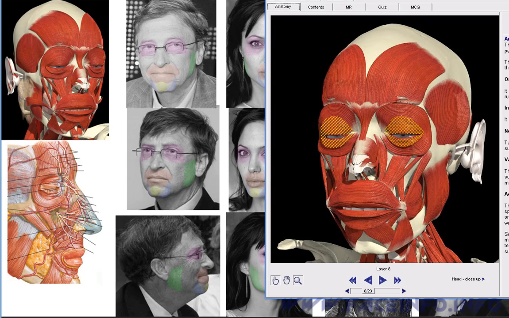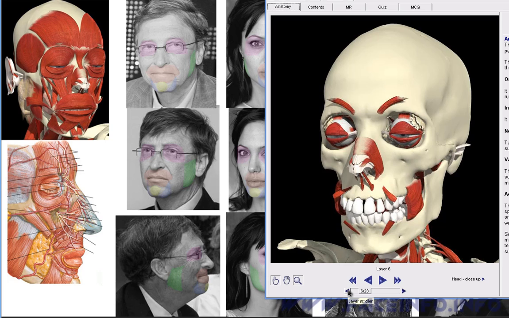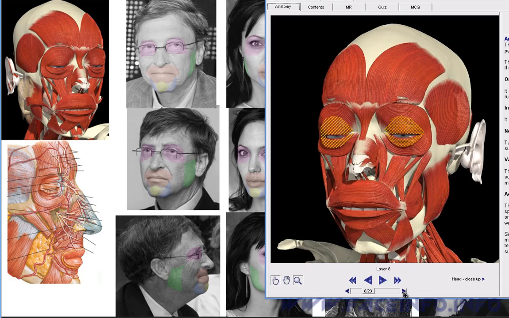And even if the eyes are close set on the skull, which means that the distance between eye sockets is small, but the orbicularis oculi muscles are big and well developed, the eyes will be big.